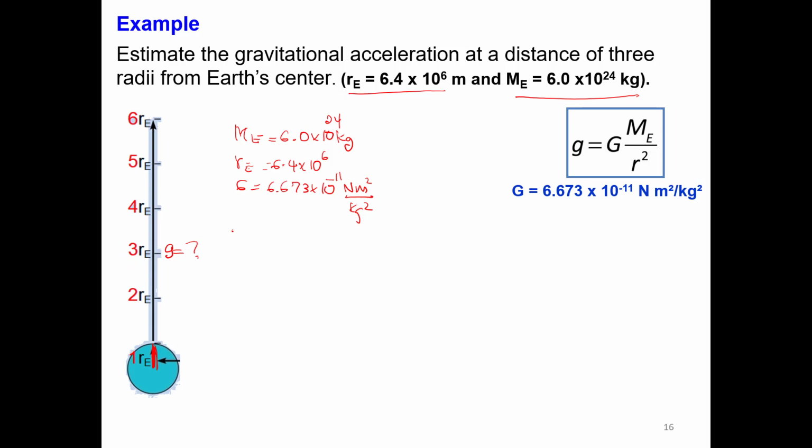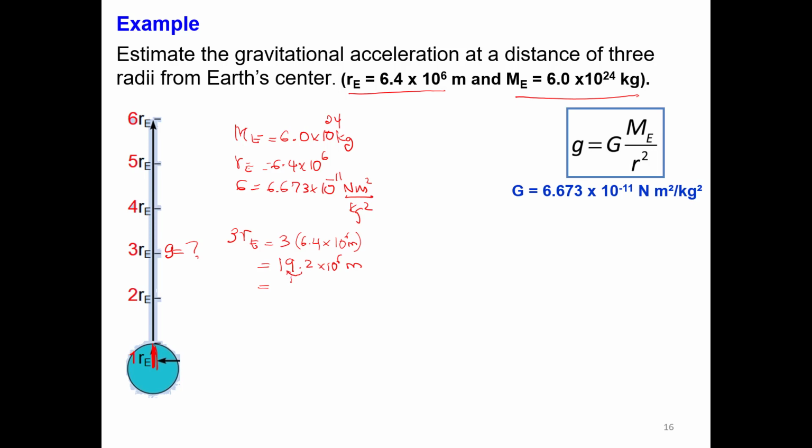Then let's calculate this first. Then 3 times 6.4 10 to the power 6, and this will be equal to 19.2 10 to the power 6, and here meters, yes, meters. And just to practice, let's write this one in scientific notation.